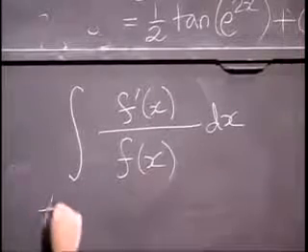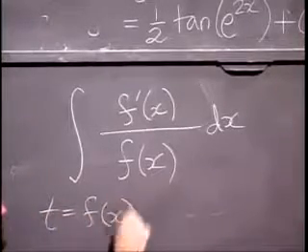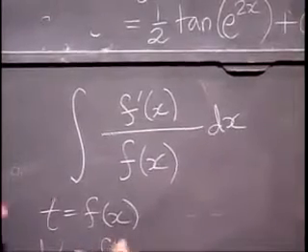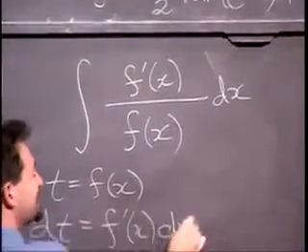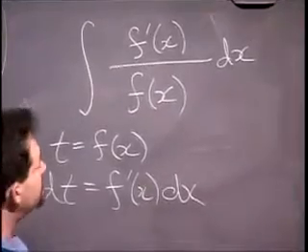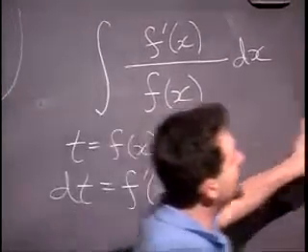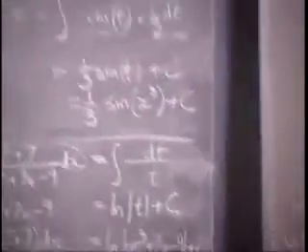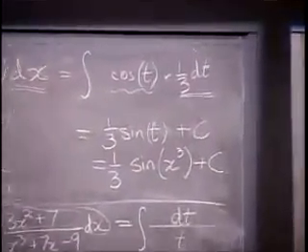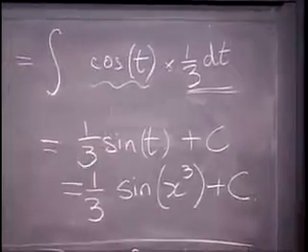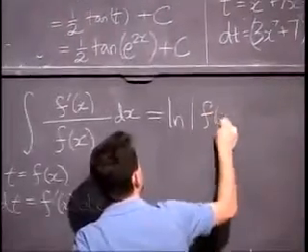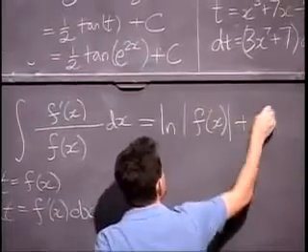If you just substitute t equals f of x, then dt is the derivative, f prime of x dx, and you will get 1 over t. In fact, I don't want to write it out. The argument is exactly the same as the top two things over there. You get dt over t, and you get log of absolute value of t plus c. So this is just the log of the absolute value of f, plus a constant.